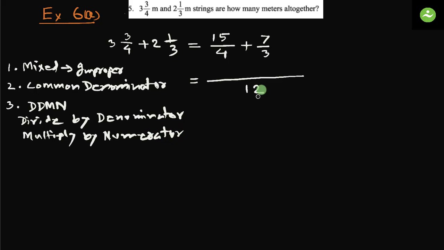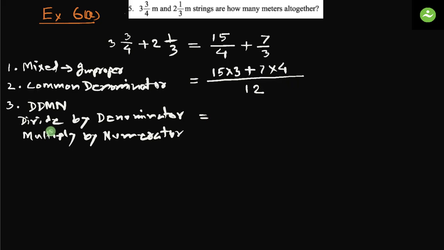Now we will divide 12 by 4. So result is 3. 15 into 3. Multiply by the numerator. 15 into 3. Plus divide 12 by 3, 4. Multiply by 7. 7 into 4. Equals to.